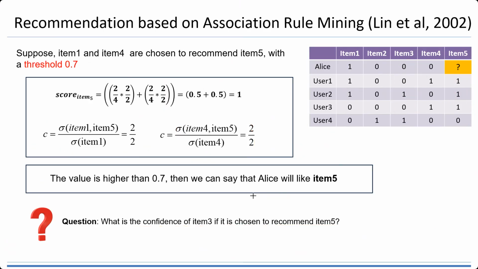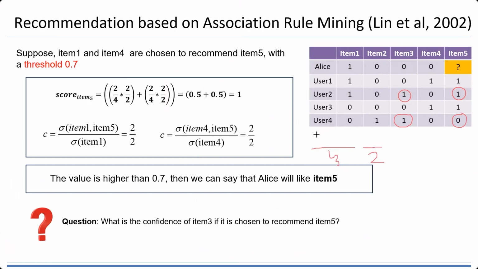The confidence for item 3: user 2 likes item 3 and he also likes item 5. User 4 likes item 3, but he doesn't like item 5. Then among the count of item 3, there are 2.